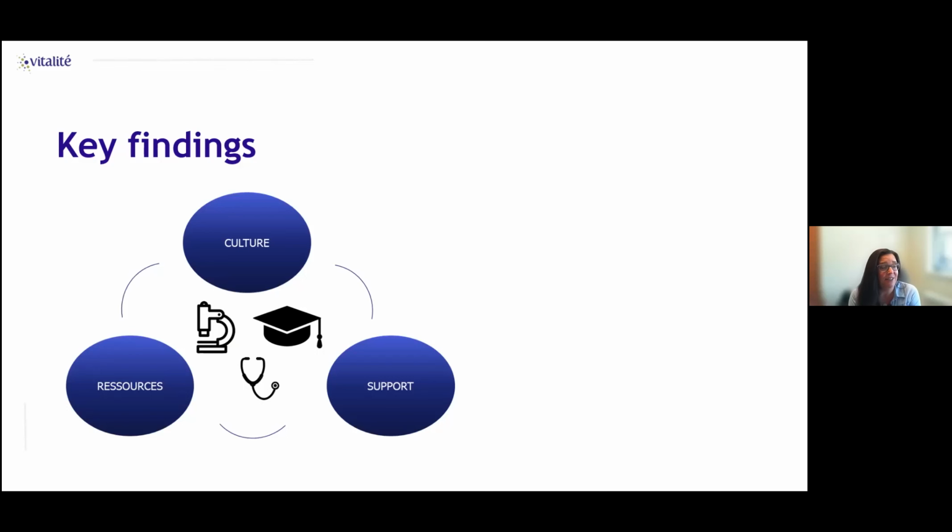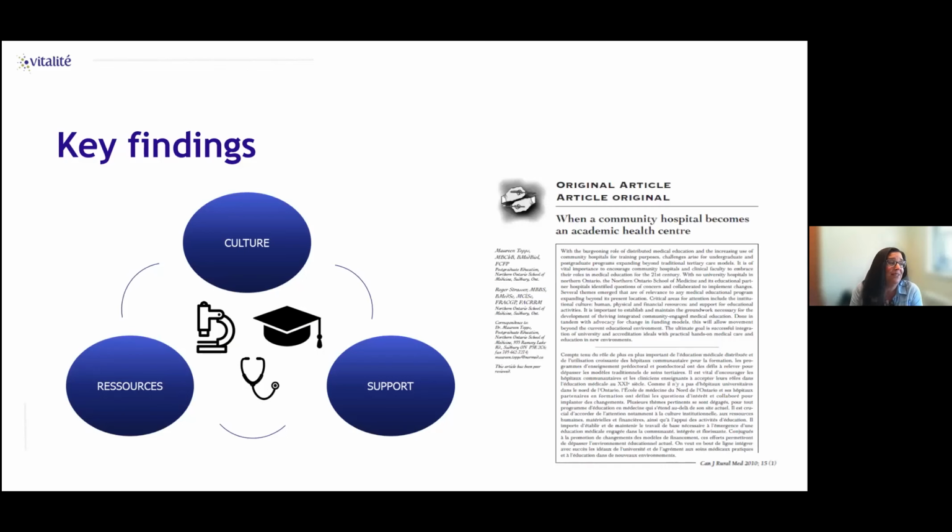Key findings of our consultation process, and we weren't surprised about what we heard when it came specifically to research capacity. There was definitely a need to build culture. There was a need to find resources to develop this culture, whether it be human resources, financing, and support. So people with scientific expertise to help build capacity for mentorship.